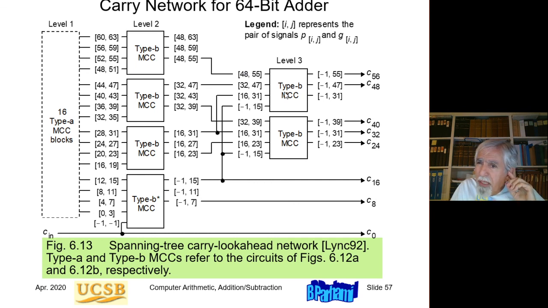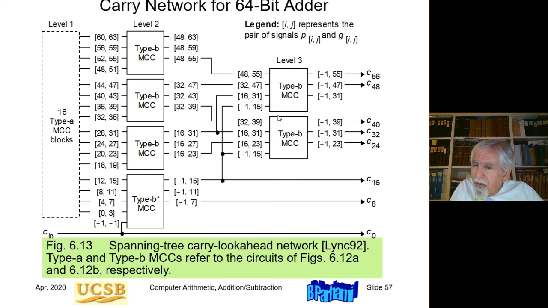This is another type B Manchester carry chain. By the way, the carry in is introduced as an extra line here, bit position -1 to -1. So this type B Manchester carry chain is a bit wider, 1 bit wider. It has 5 inputs as opposed to 4, but it's the same idea. So this output will be from -1 to 7. The next output would be from -1 to 11. And the next output will be from -1 to 15.